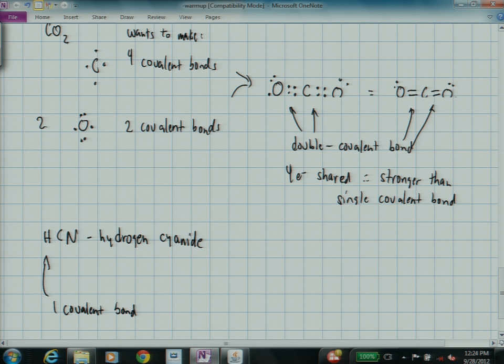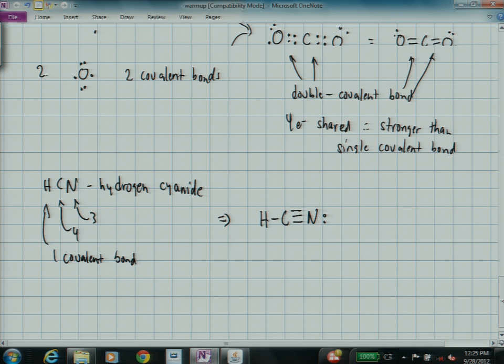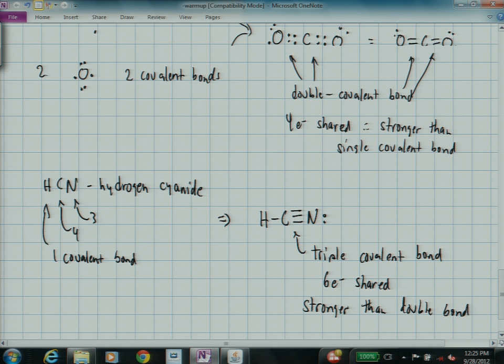You can make everybody happy very simply if you make this molecule. Okay. This guy is a triple covalent bond. That's 6 electrons shared, and it's stronger than a double bond.